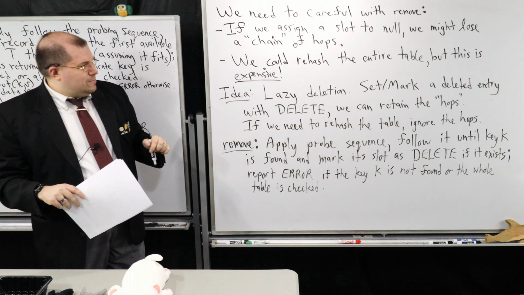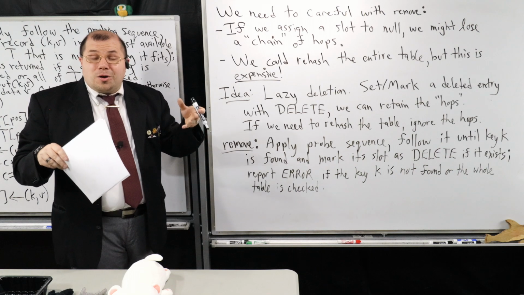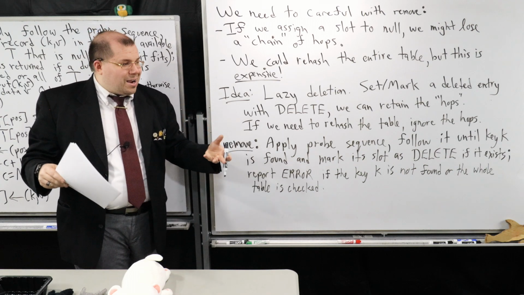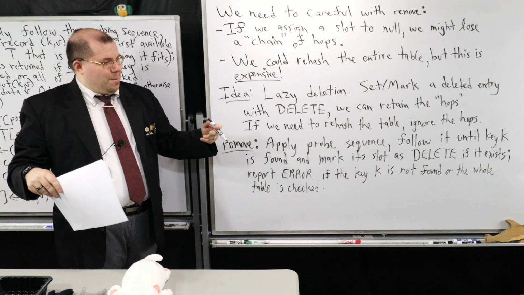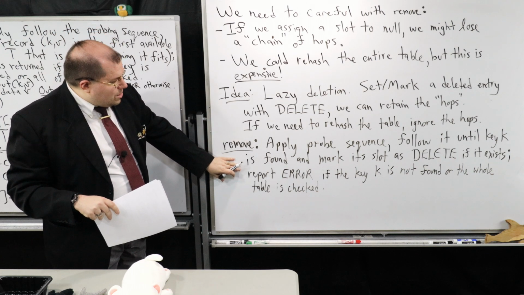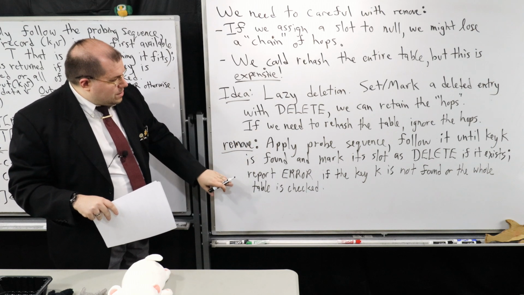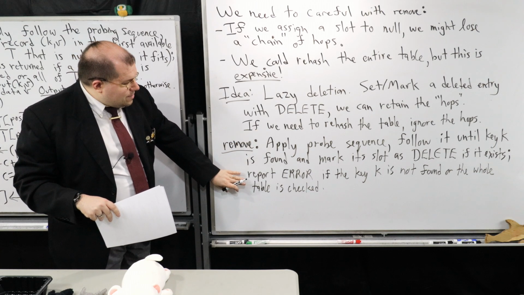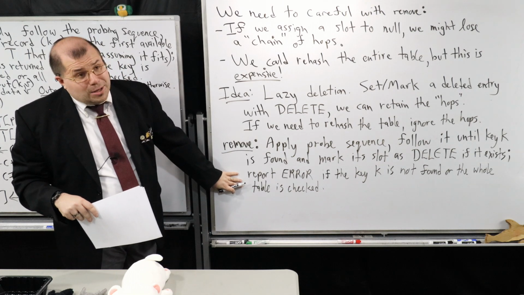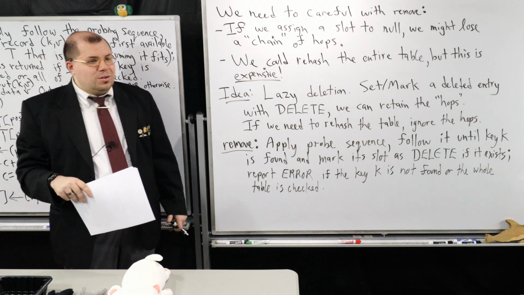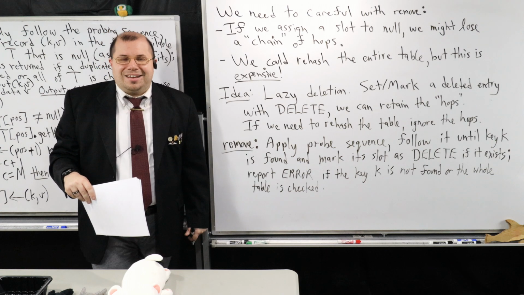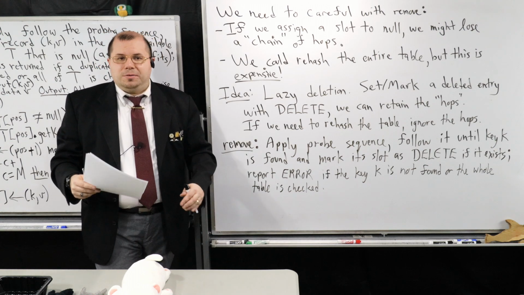It's very important in our probing sequence that we don't lose track of where the bunny needs to go, because at some point that bunny used that place to hop. So if that's the case, we mark for delete. Otherwise, if we don't find it or we examine the whole table, we just report an error, meaning we failed to do the removal or it was never in the dictionary, or our hash table, in the first place.